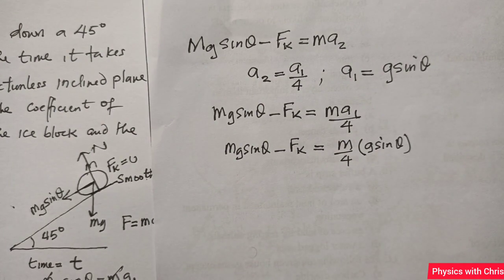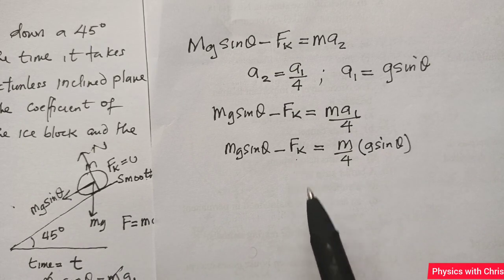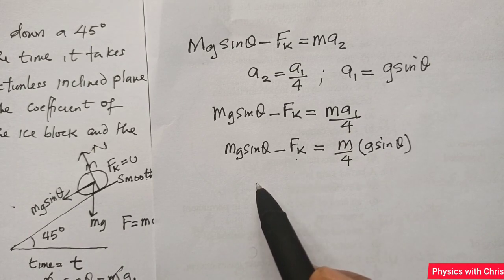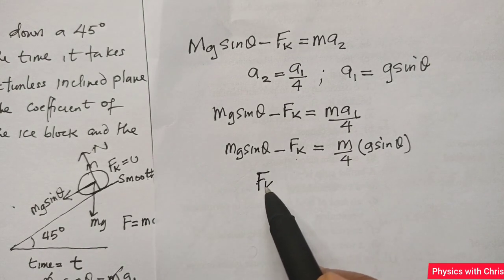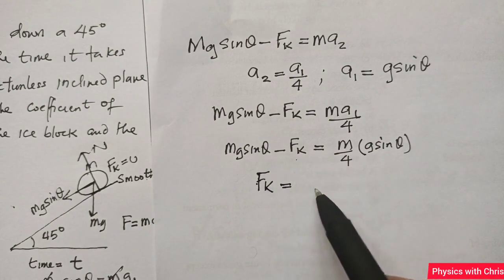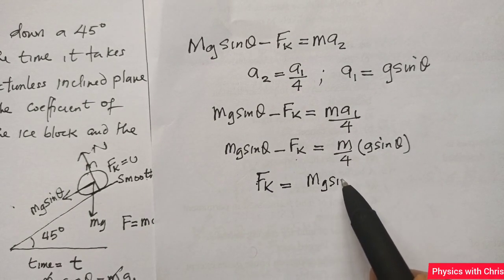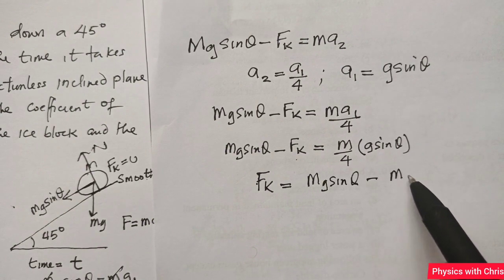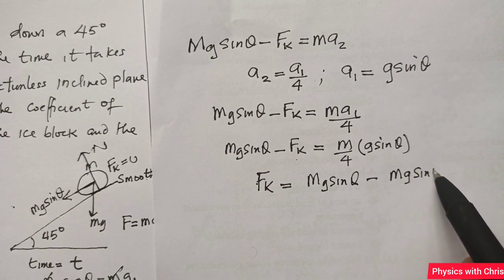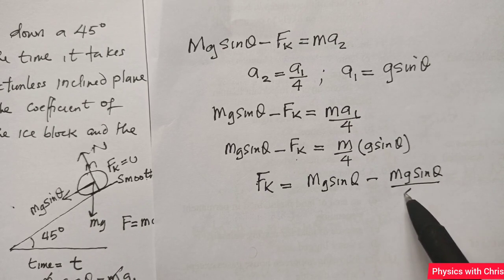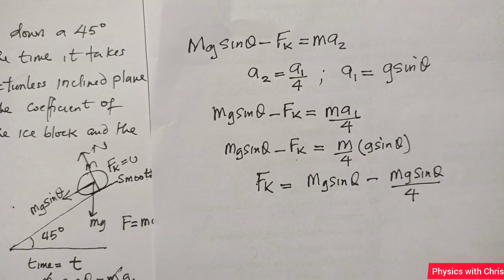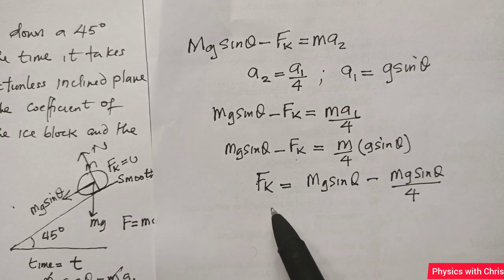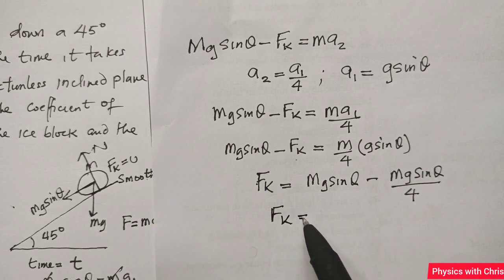So I want to make fk the subject of this equation. I'm going to have fk equals mg sine theta minus m over 4, or mg sine theta divided by 4. When I subtract that, what is my fk?